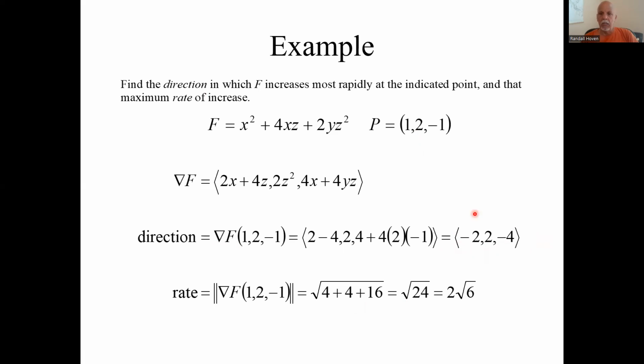Any vector that's parallel to this vector is a legitimate direction in which f increases the fastest. But if they don't ask for a unit vector or anything else, here's your answer. But as for a unit vector, you would need to normalize this, which would mean just dividing by this.